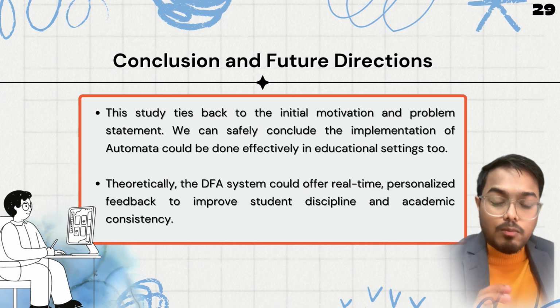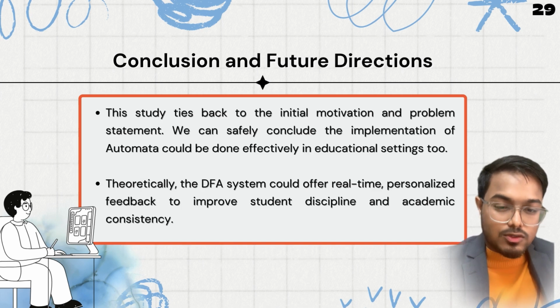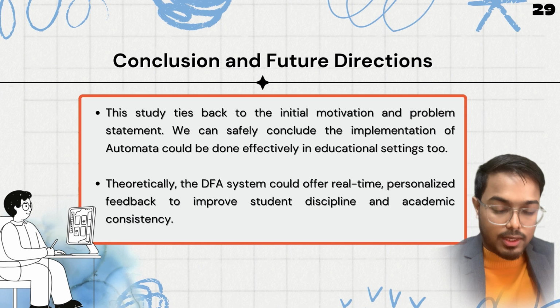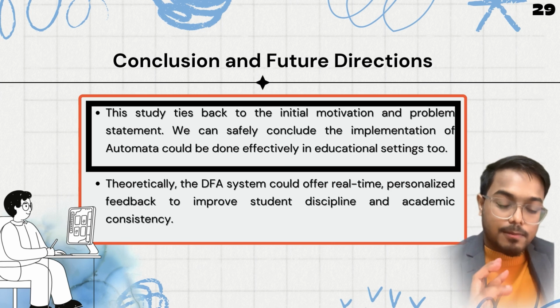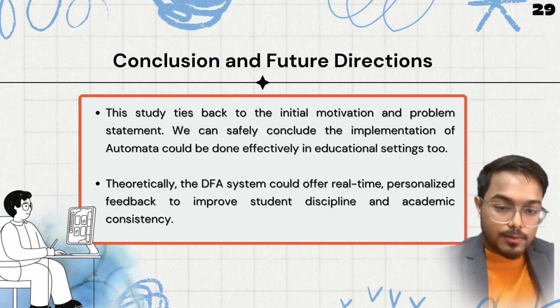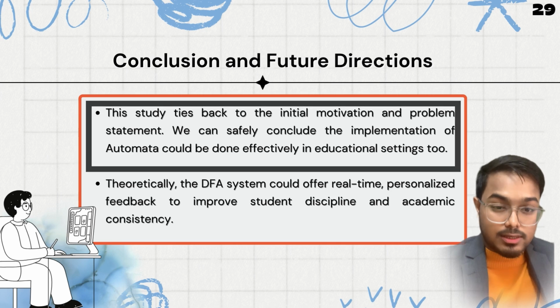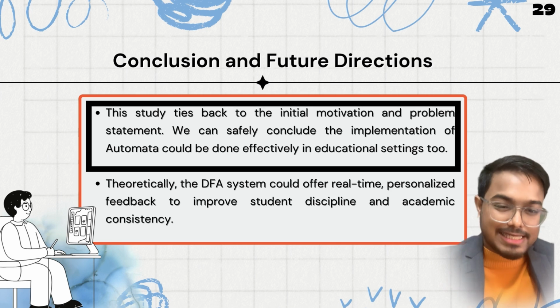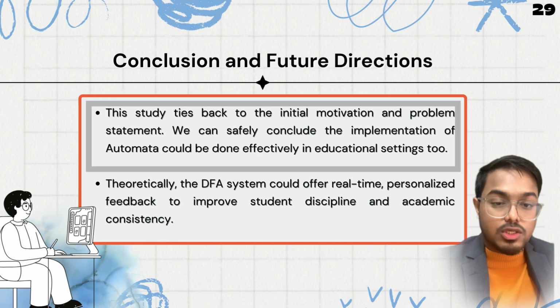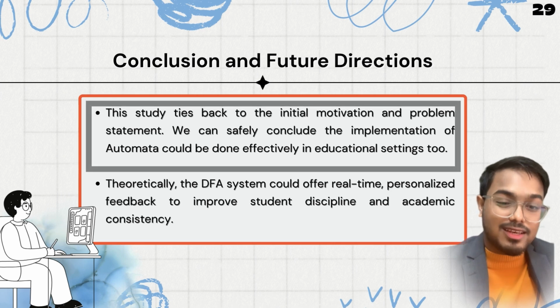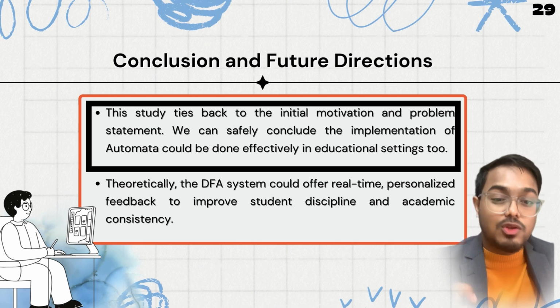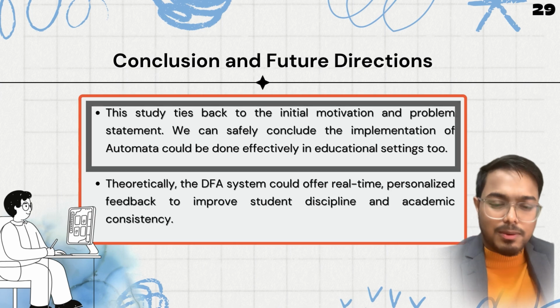Moving on to the conclusion, this study ties up to the initial motivation and the problem statement that we started with. So we can safely conclude that the implementation of automata could be done effectively in educational settings too, and to modify students' academic discipline too.